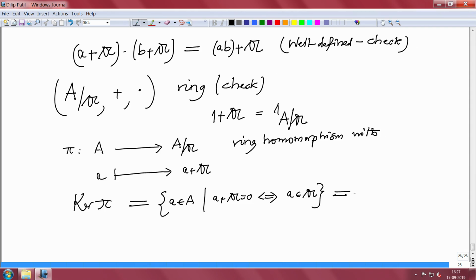So this kernel is precisely the ideal 𝔞. So what we have checked is, given an ideal 𝔞, there is a ring homomorphism from A to some other ring. This is not the only ring where 𝔞 will be the kernel, there may be some others also. But this is a very natural construction. This ring A/𝔞 is called a residue class ring, the ring of A by the ideal 𝔞.